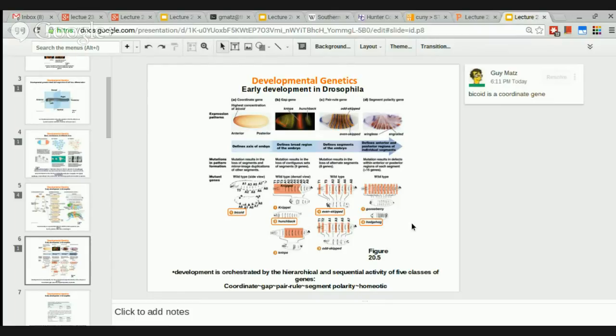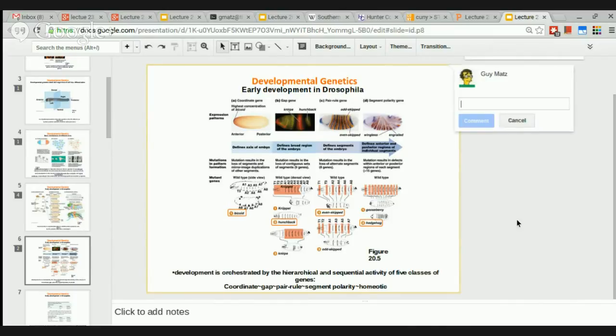So there is this cascade, this hierarchy between these different categories. So you really must understand and remember these genes: the coordinate genes, the gap genes, pair-rule genes, segment polarity, and homeotic genes. That's the order, the sequence in which they act.